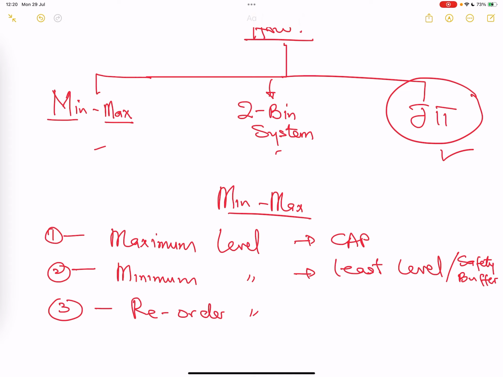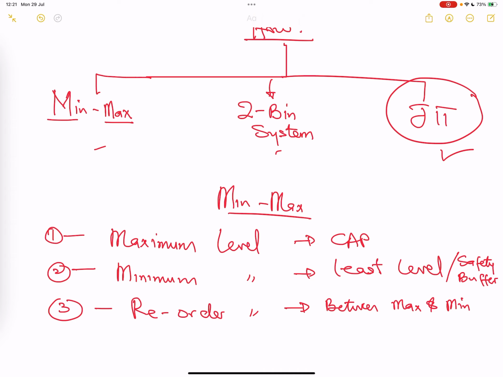It's the same. Very important. And the reorder level is just the point where you need to place your order. This is the point where you ask your procurement department to place an order. So your reorder level is usually between your max and your min.